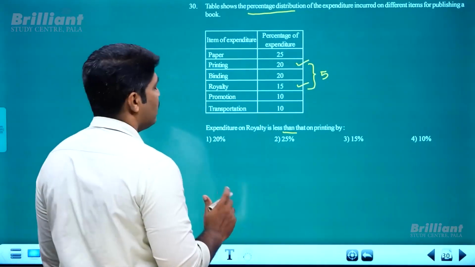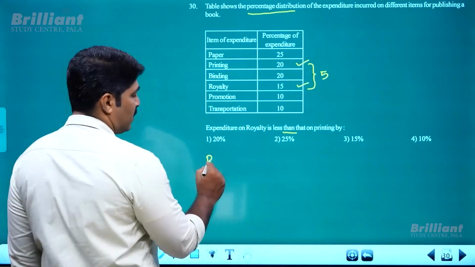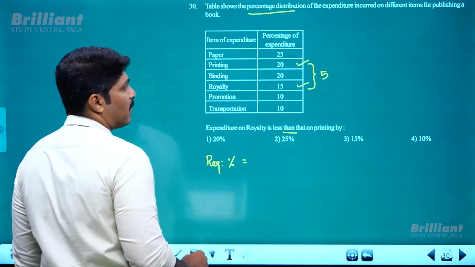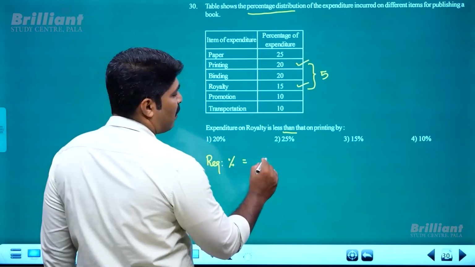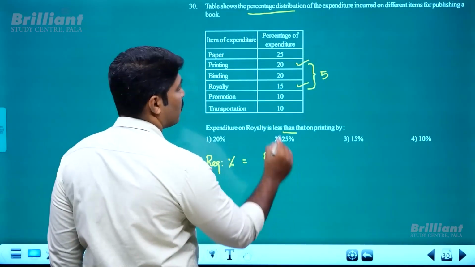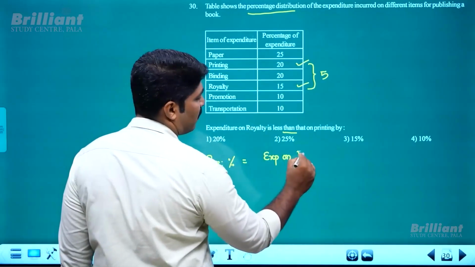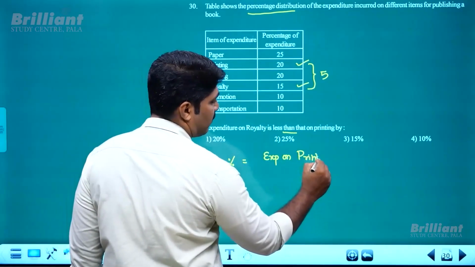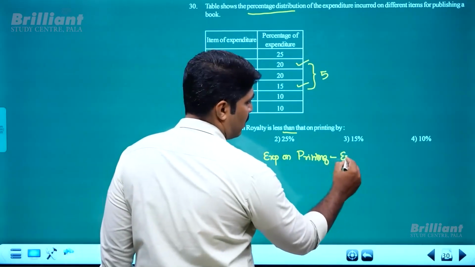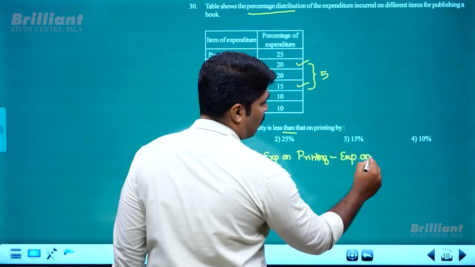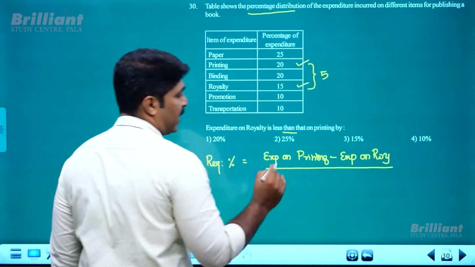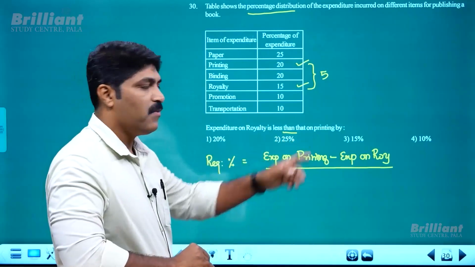Therefore here, our required percentage is equal to the expenditure on printing, since the greater value is printing, first we consider expenditure on printing minus expenditure on royalty, divided by, after this then what will be the value?